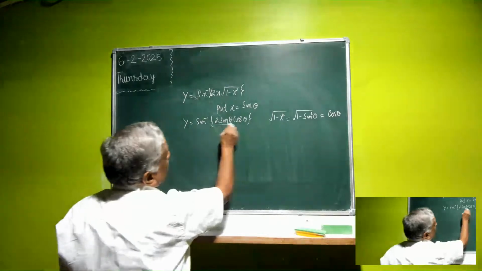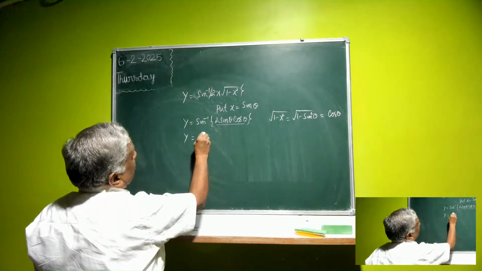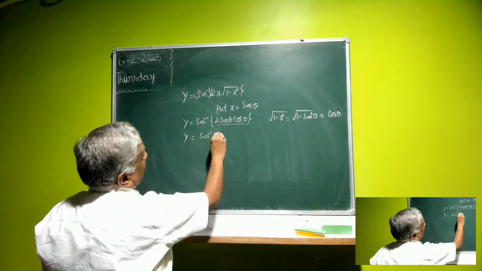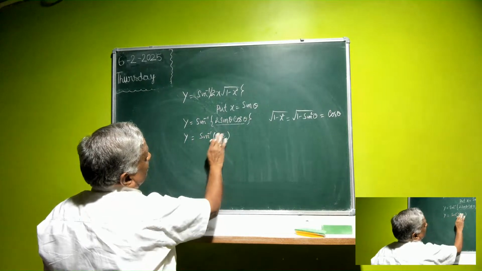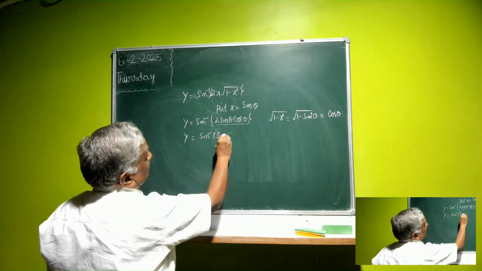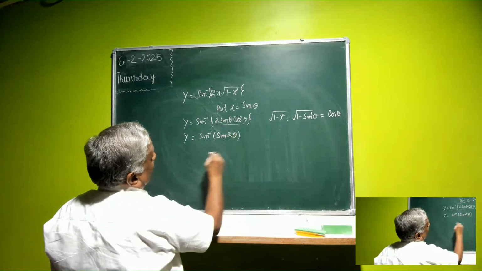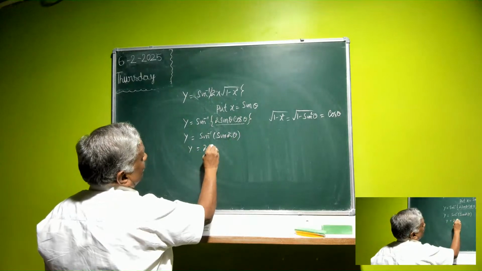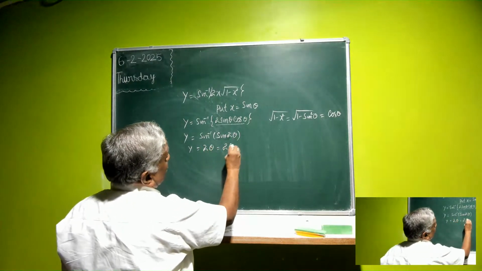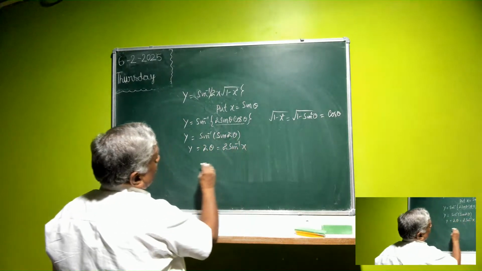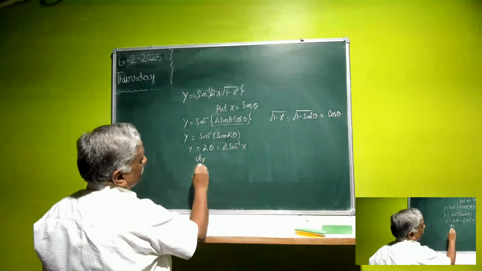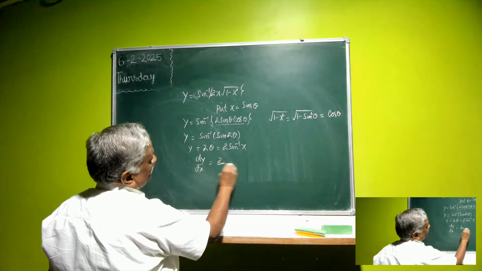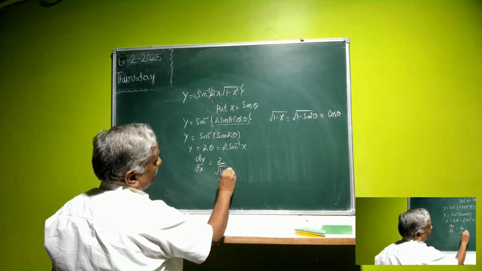But what is 2 sin theta cos theta? It is sin 2 theta. Sin inverse of sin 2 theta. That is equal to 2 theta. What is theta? Sin inverse x. So what is dy by dx? 2 over root of 1 minus x square.